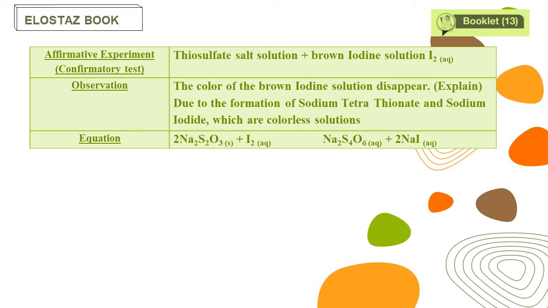So the observation that we get from this confirmatory test is that the color of the brown iodine solution disappears. Here we have the equation: Na2S2O3 as a solid, the sodium thiosulfate salt, and the brown iodine solution.